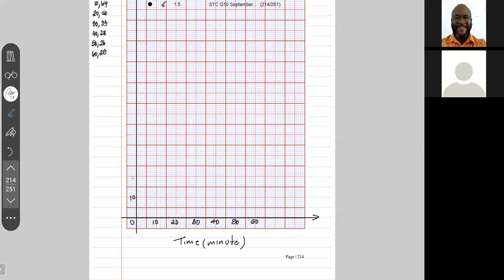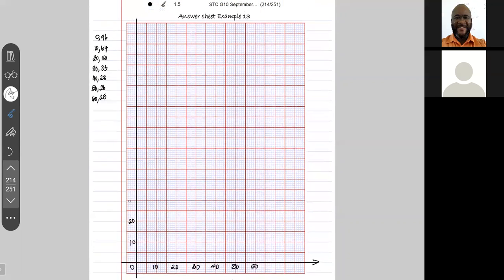It's 2 centimeters to 10 on both axes. Then on the vertical, 10, 20, 30, up to 90, 100.